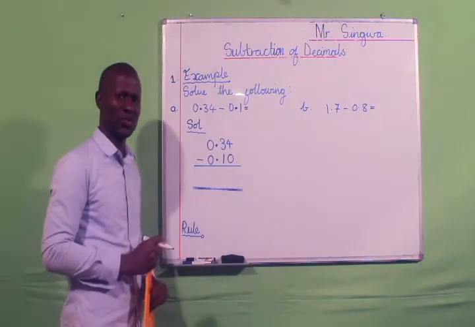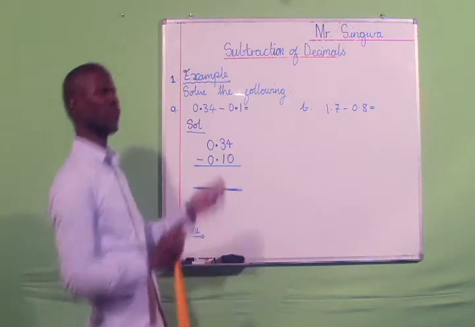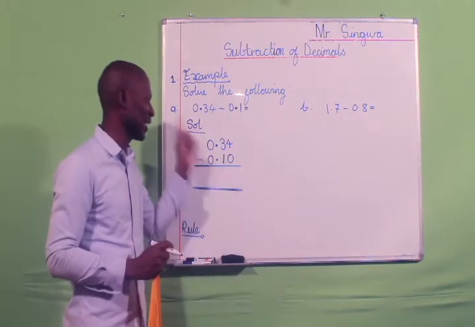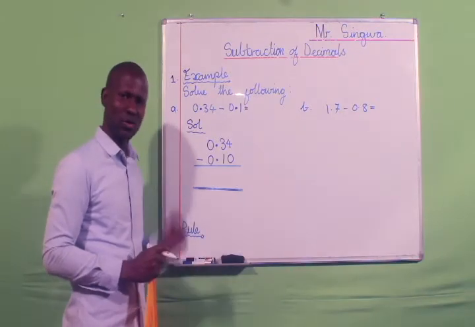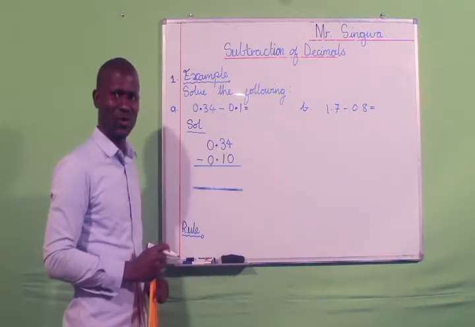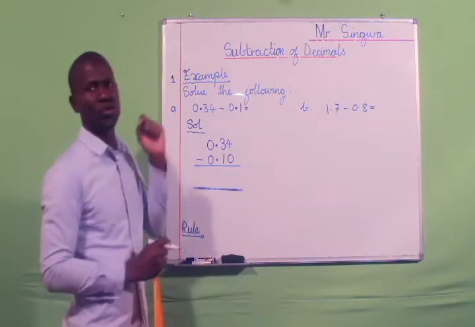I remember we asked why we are adding 0 there. A lot of answers were given. No, the answer is only 1: that 0 is a placeholder, and it will not add any value or change the answer.